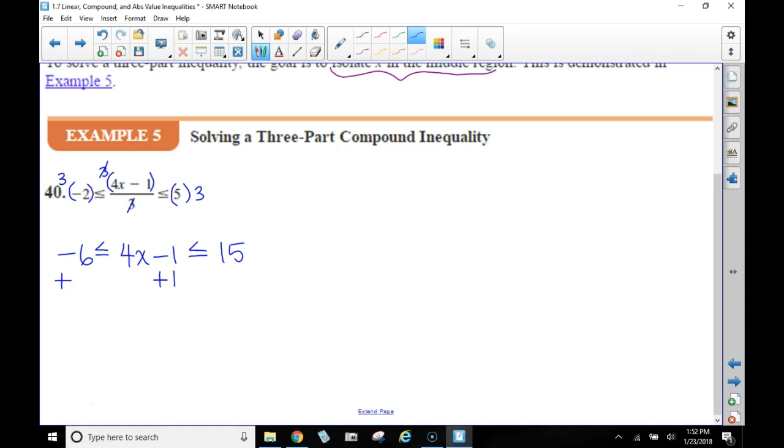There, and there. Negative 6 plus 1 is a negative 5. 4x minus 1 plus 1 just leaves us with 4x in the middle. 15 plus 1 is 16.